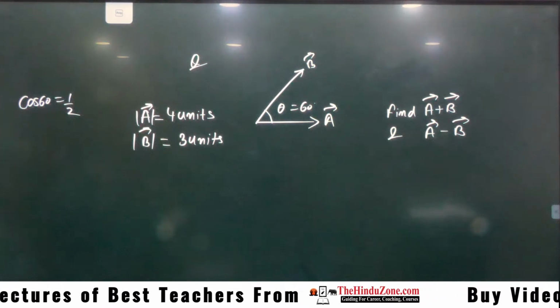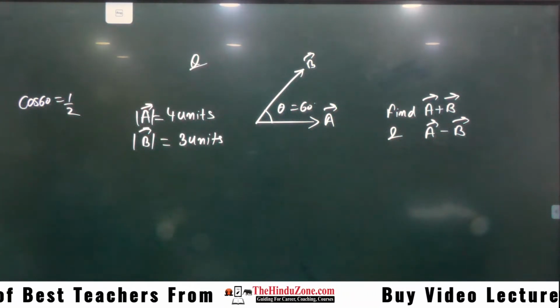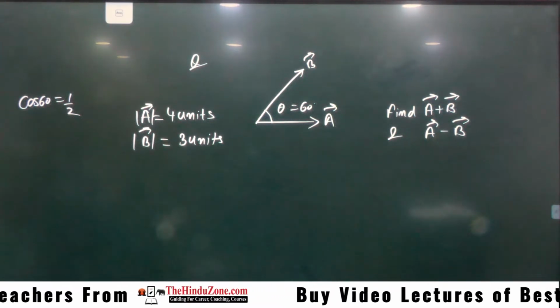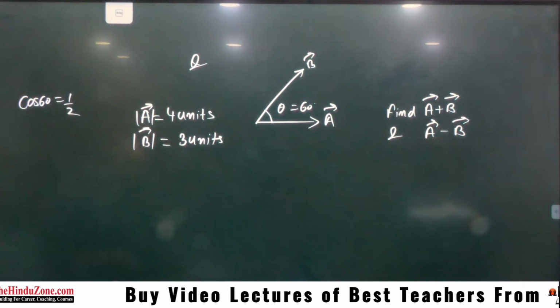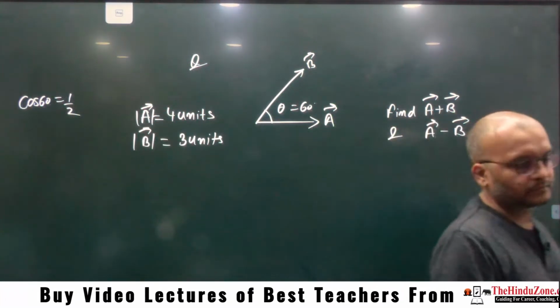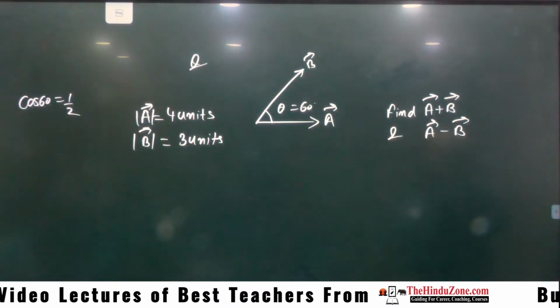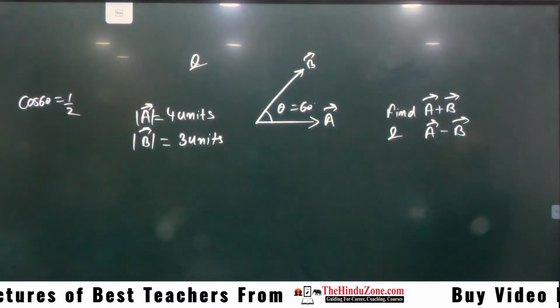This is a vector. The resultant is a vector quantity, it has one magnitude and direction. We just found out the magnitude. What about the direction? Angle.